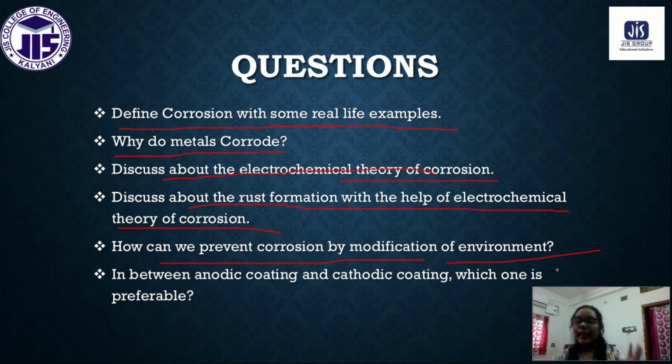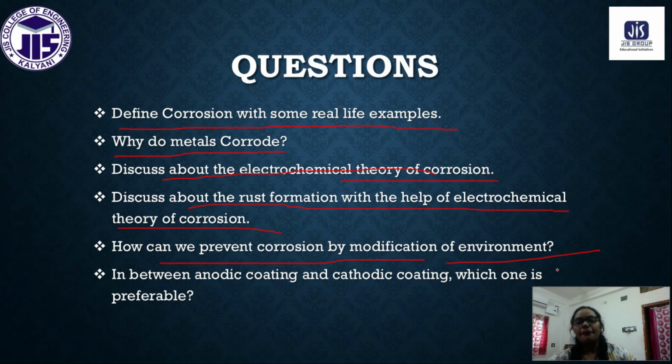That excess water can be absorbed by silica gel, so we can use silica gel to modify our environment. Or if our environment is acidic, the presence of acid also speeds up the corrosion process. If we use some base, that will neutralize the acidic medium and decrease the rate of corrosion. So these are some of the ways of modifying the environment by which we can prevent corrosion.